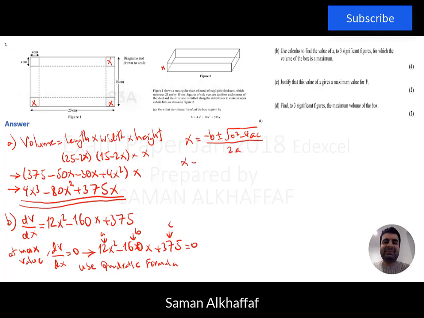So that would give us x being, in this scenario, minus minus 160, plus or minus root of minus 160 squared minus 4 multiplied by a, which is 12, multiplied by 375, all divided by 2 multiplied by a, which is 2 multiplied by 12.